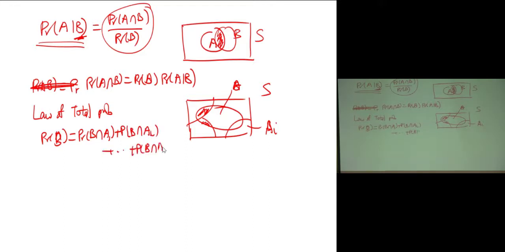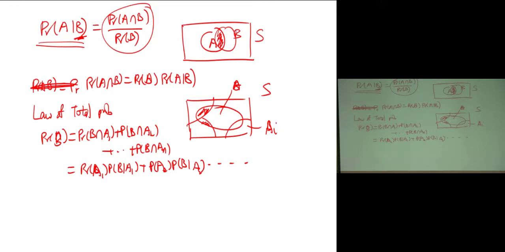And then each one is equal to the probability of A1 times the probability of B given A1, plus the probability of A2 times the probability of B given A2, and so on. The idea of total probability is just saying that I partition my B into different parts: the part common to A1, the part common to A2, and so on.